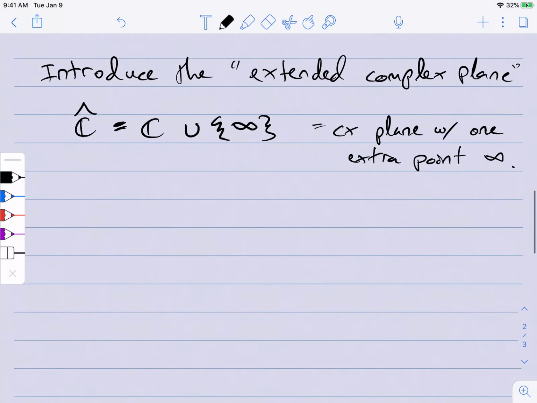And I want to emphasize that infinity is not a number, so we can't do normal arithmetic with it. But we can define some operations as if it were a normal number.